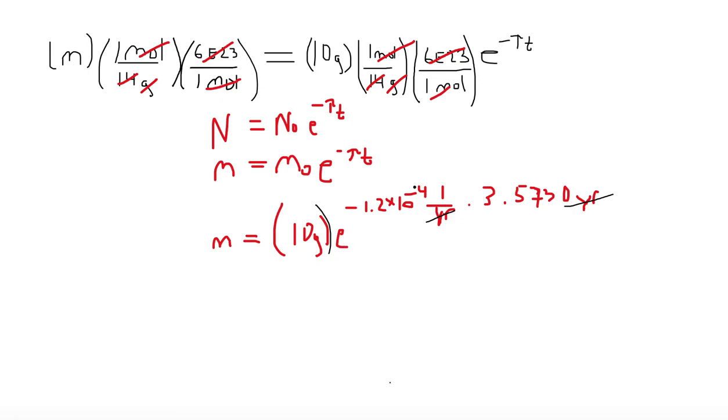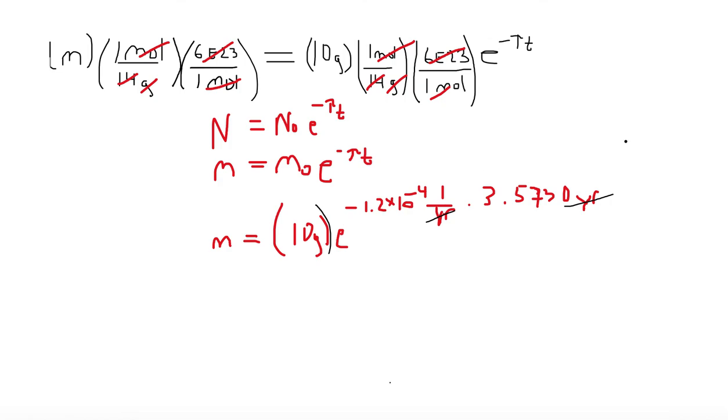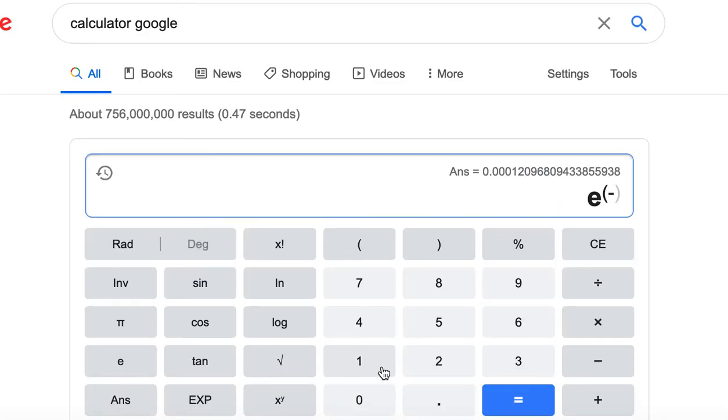So we need e, clear it. Exponent is inverse e, there's your e value, parentheses, and then we have minus 1.2 e to the minus 4, multiplied by half-lives, which is 3, times 5730.